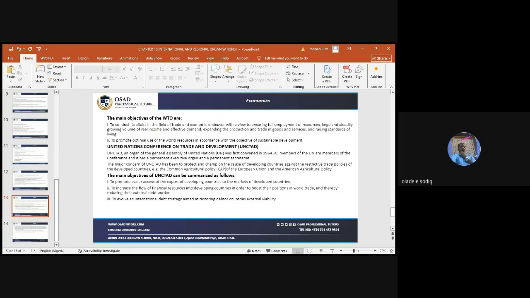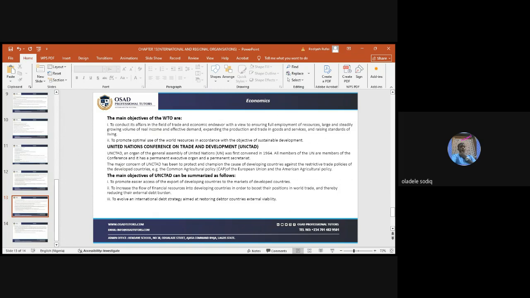All members of the United Nations are members of the conference, and it has a permanent executive organ and a permanent secretariat. The major concern of UNCTAD has been to protect and champion the cause of developing countries against restrictive trade. So what are the objectives of UNCTAD?